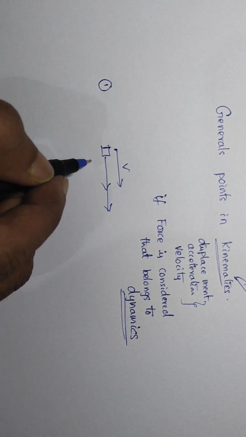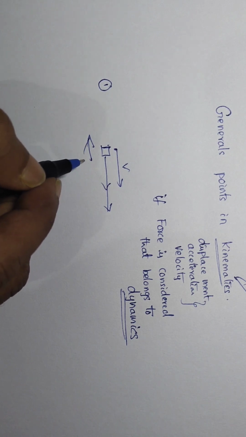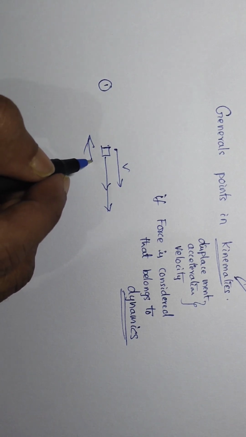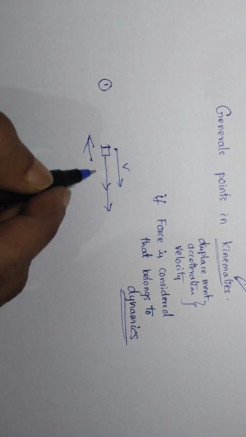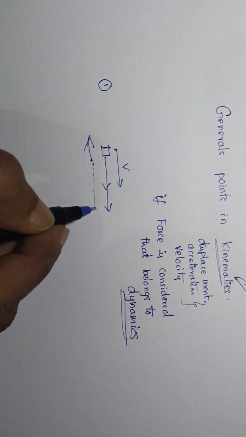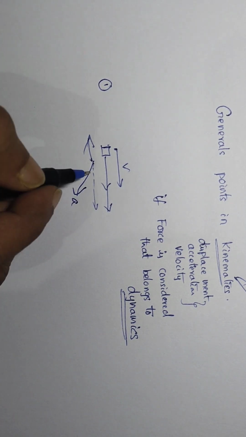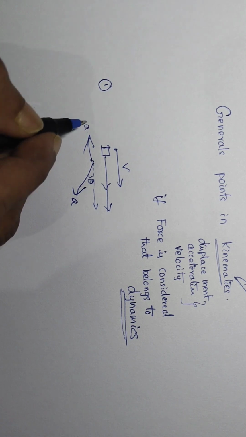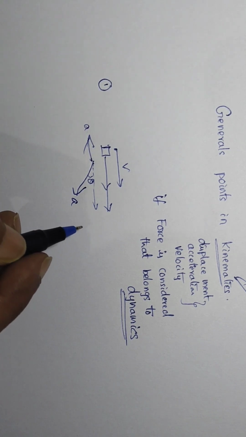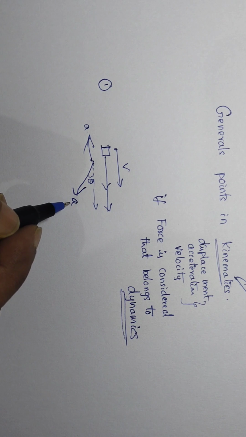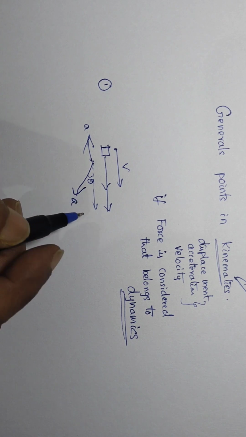It may sometimes be opposite, or making some angle with the direction of the motion. So it is not necessary that the acceleration is in the direction of the motion.